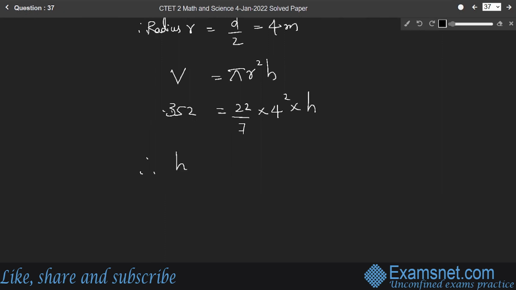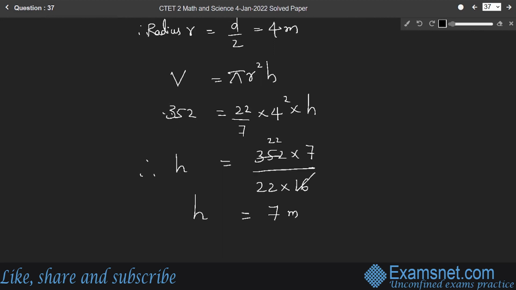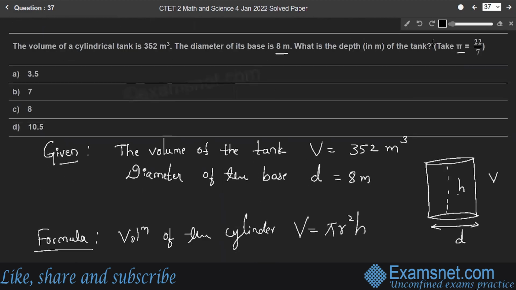Therefore, h is equal to 352 into 7 by 22 into 4 square is 16. 16 into 22 is 352. So depth of the cylinder is 7 meter. Therefore, the correct answer is option B.